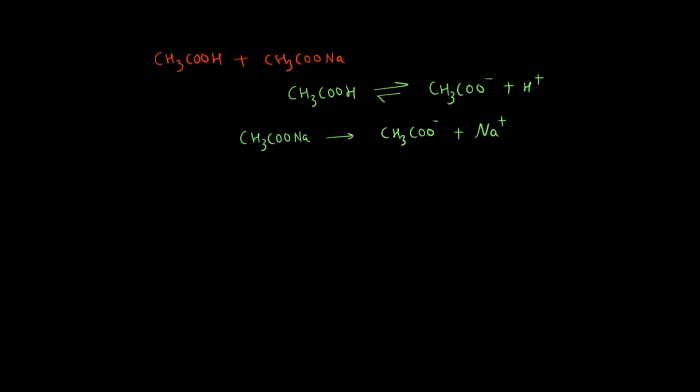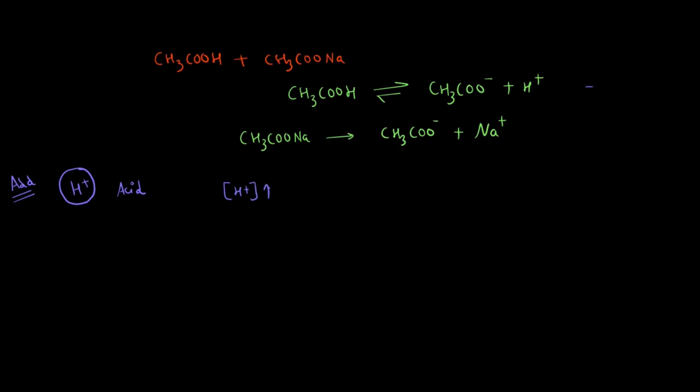Now let us assume that we are adding some acid to this solution. Acid means we are adding H plus ion to this solution. So what will happen? The concentration of H plus ion will increase because we are adding acid.